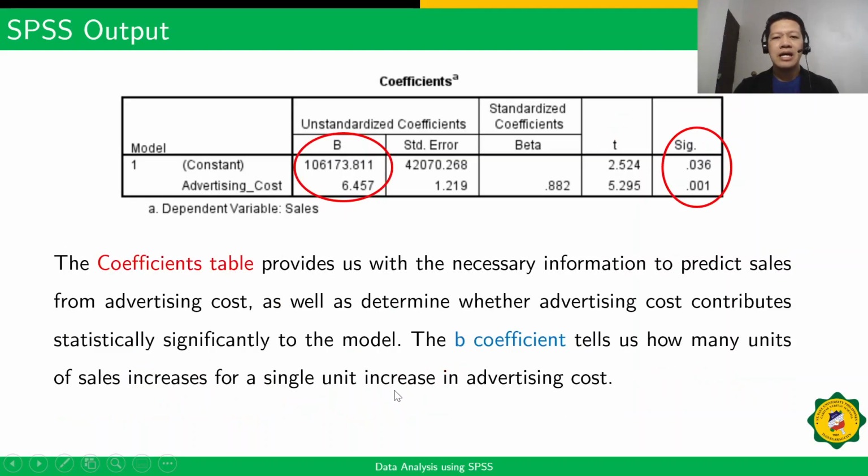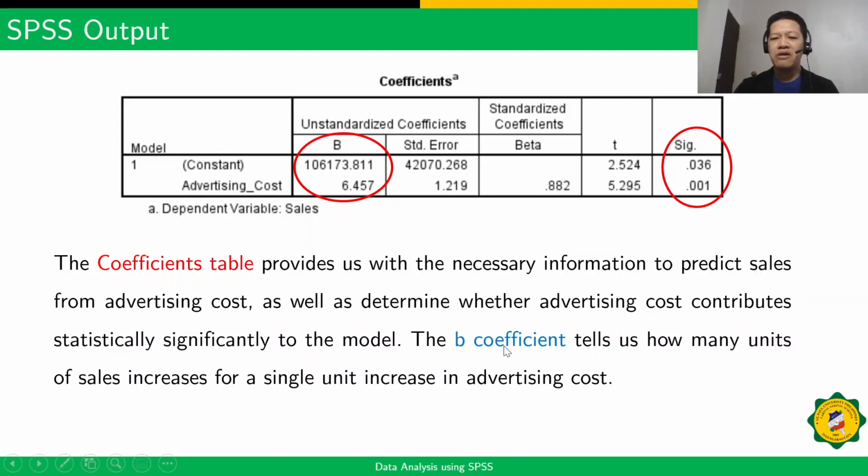Okay? The third table is on coefficients. So the coefficients table provides us with the necessary information to predict sales from advertising costs, as well as determine whether advertising cost contributes statistically significantly to the model.